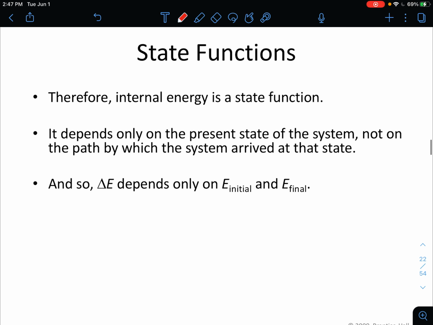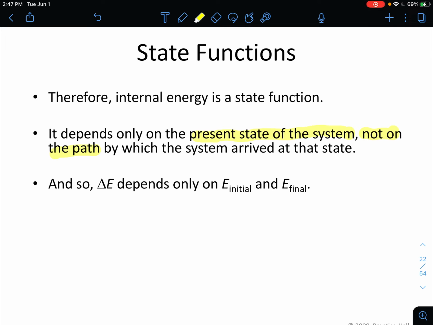So anything that's path independent is referred to as a state function. The reason it's called the state function is because it only depends on the present state of the system, not on the path by which the system arrived at that state.